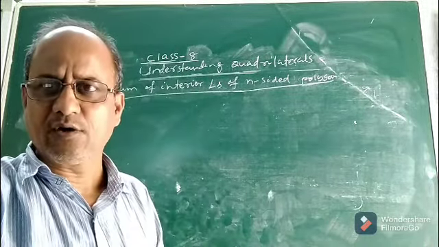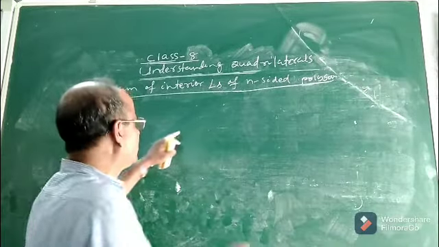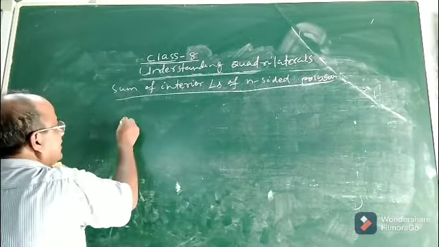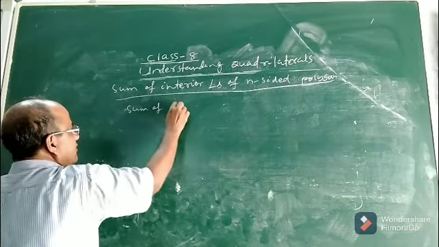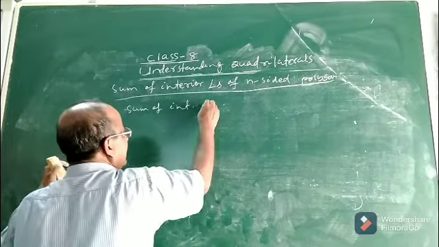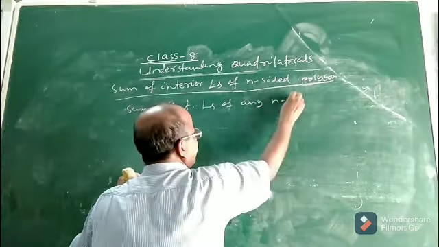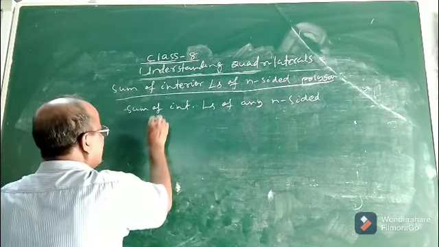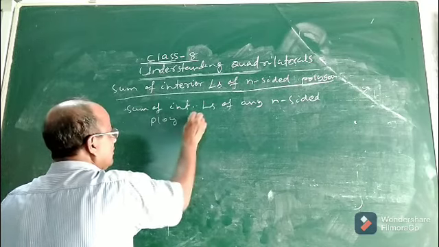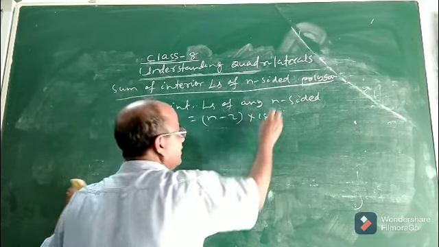So how to find out? There is a formula. The sum of interior angles of any n-sided polygon is equal to (n minus 2) into 180 degree.